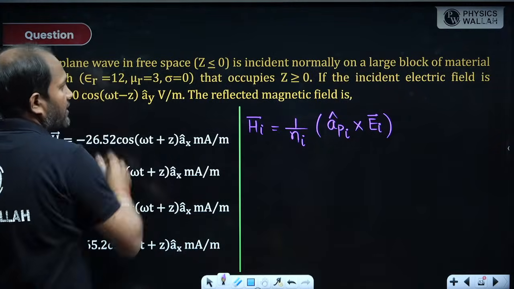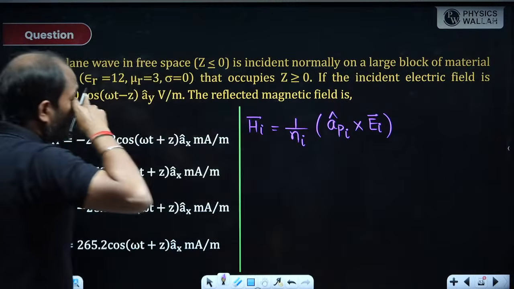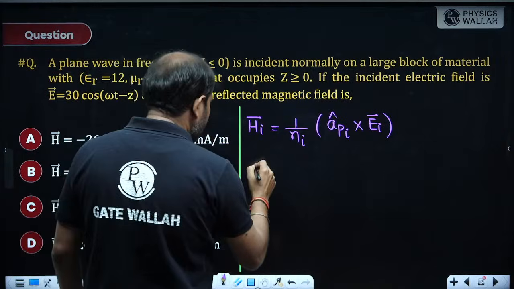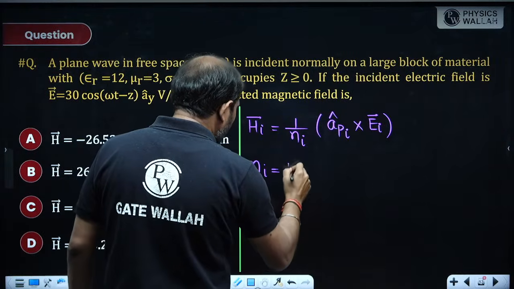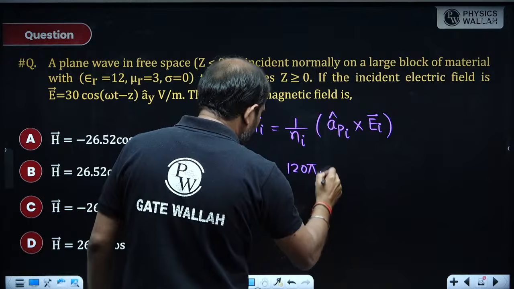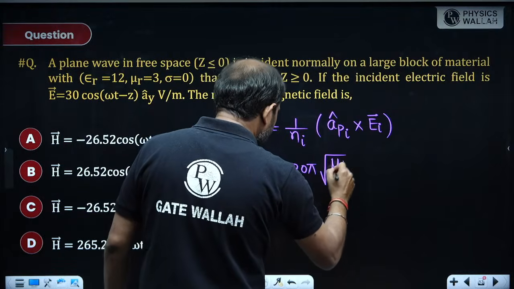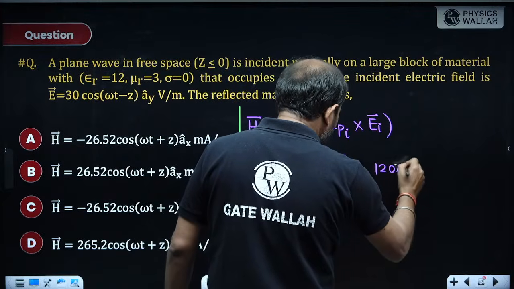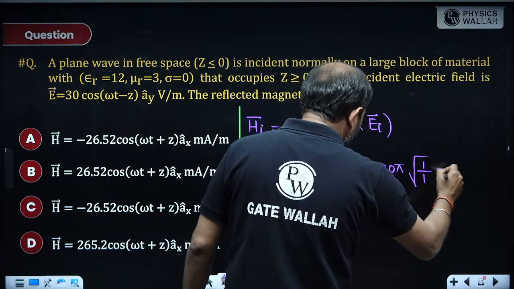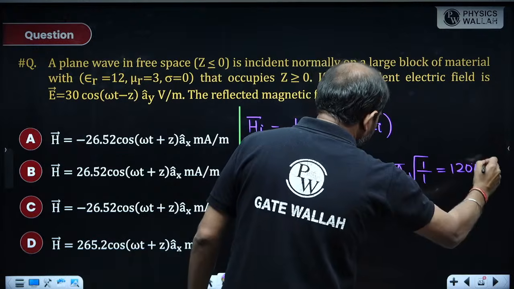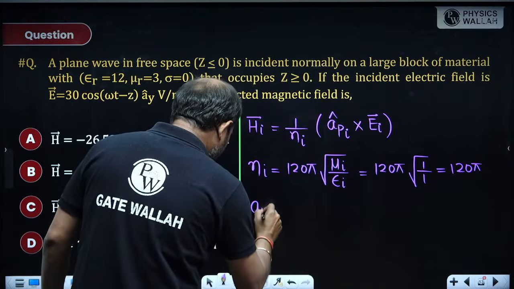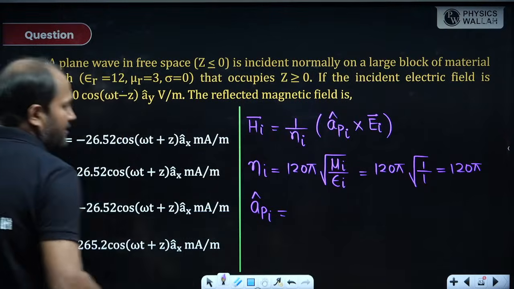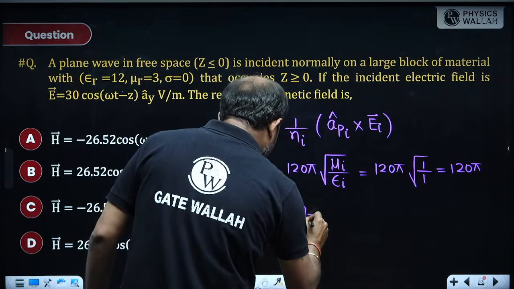The incident wave is from free space, so eta I is equal to 120 pi, square root of mu I upon epsilon I. Mu I is 1, epsilon I is 1, so 120 pi. Propagation direction is a_P I. Propagation direction is given as plus z direction.